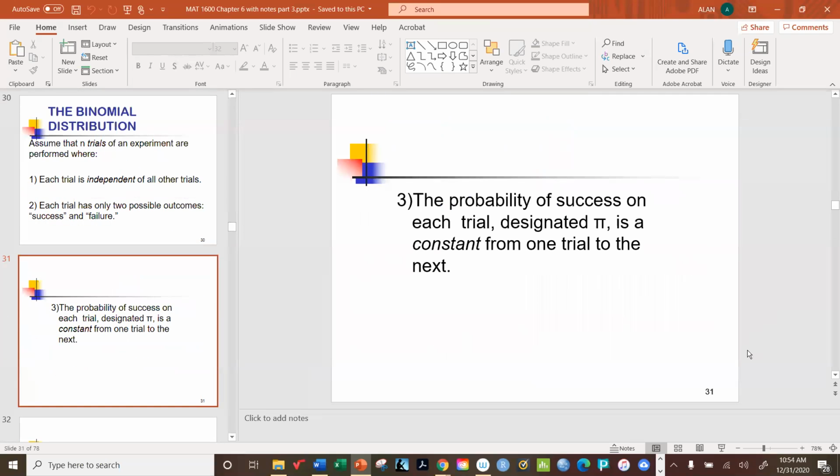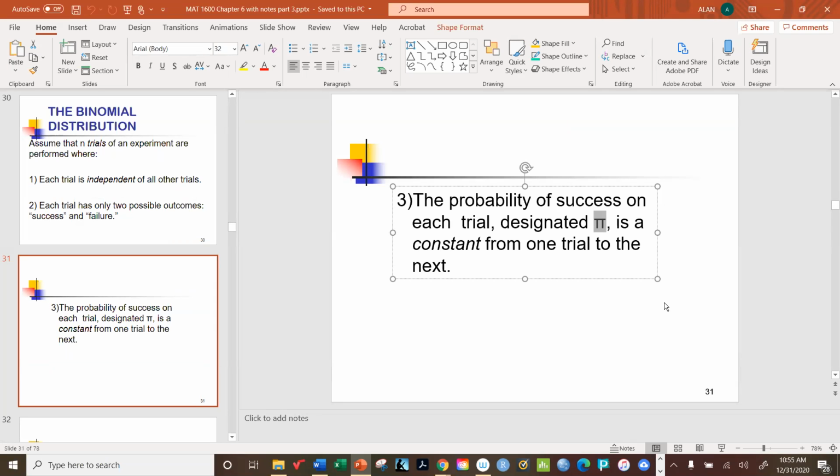And then, of course, the last thing we need to observe here is that the probability of success on each trial, which we'll call pi, and by the way, the reason why the book does that is to avoid using p too many times. In other words, if we use p every time a probability is defined, we'll eventually get them all confused with each other.